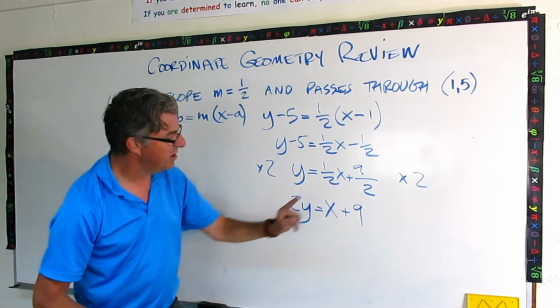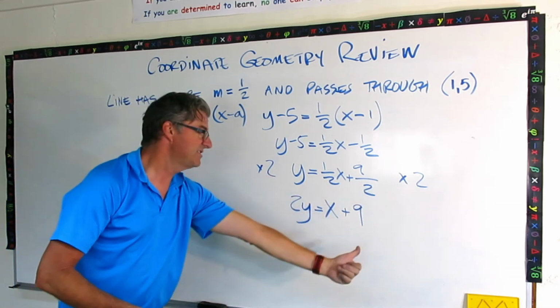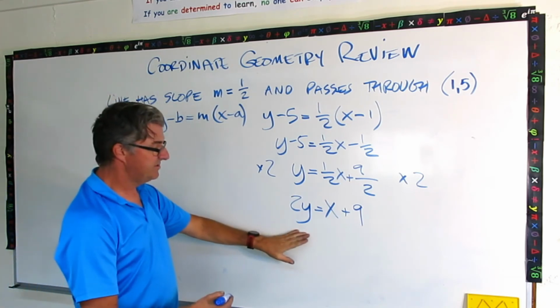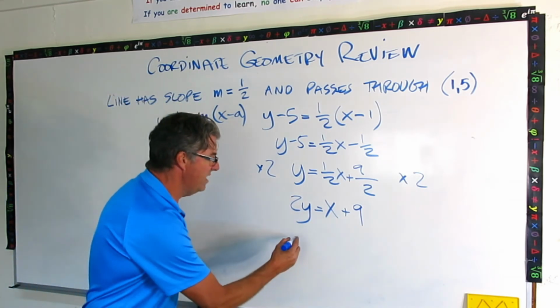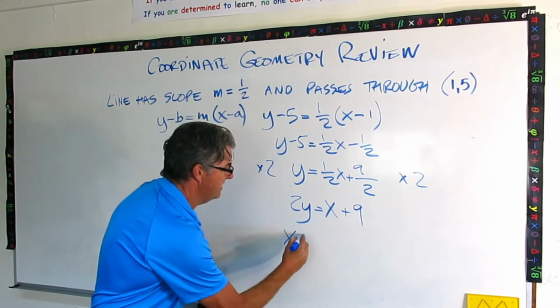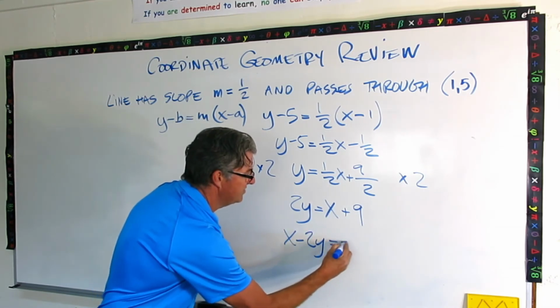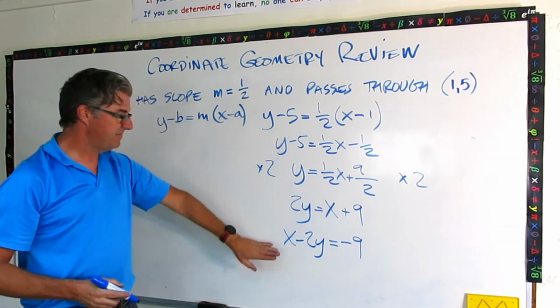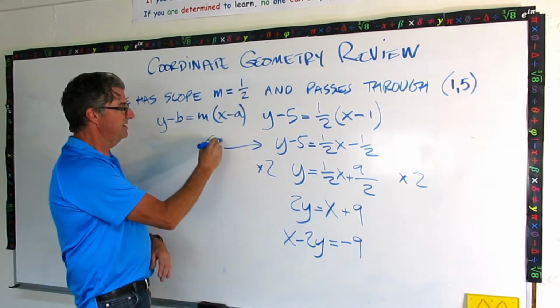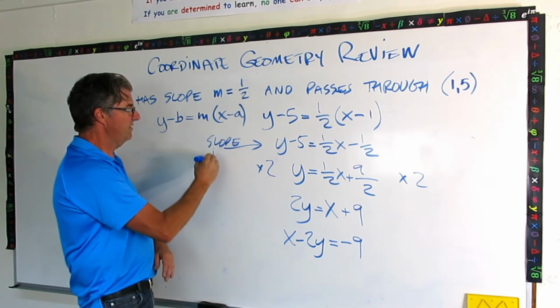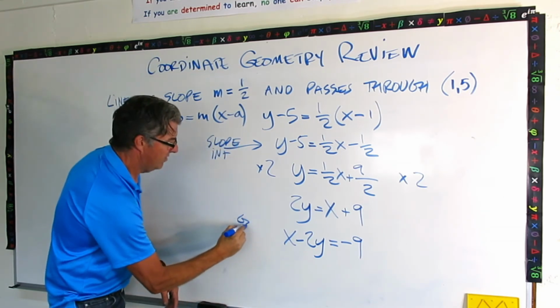So the 2y has to go to that side, and the plus 9 has to come to this side. So I'm going to subtract 2y from this side, subtract 9 from this side, and I'm going to wind up with x minus 2y equals negative 9. And that's my general form. So this is slope-intercept form right there, and this is general form.